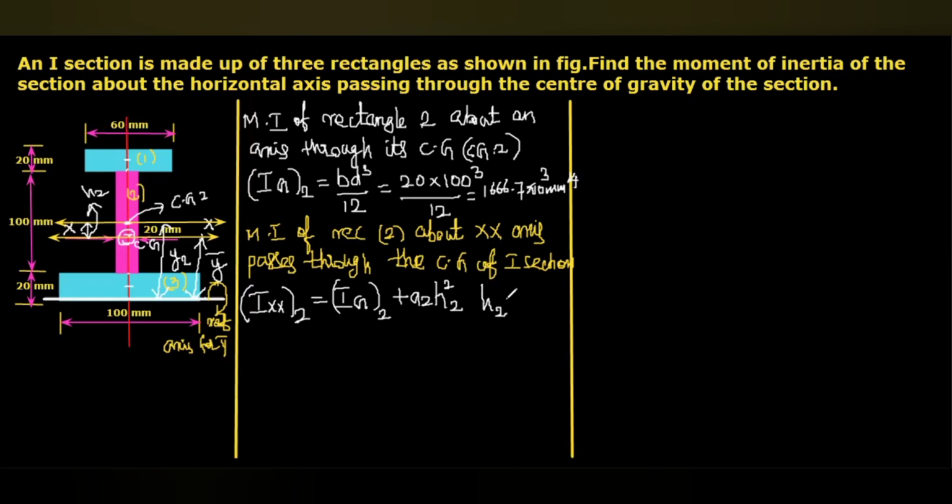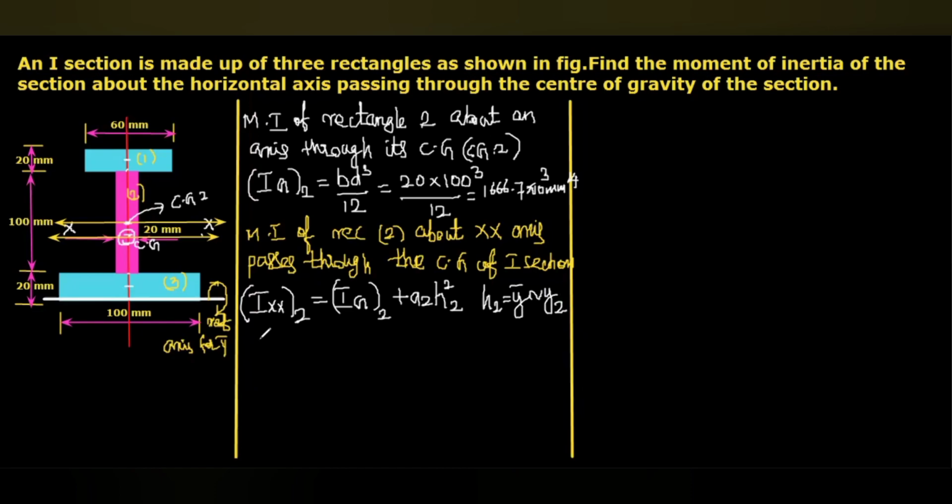So H2 is Y bar minus Y2. To avoid the confusion, I just erase these lines, whatever we did in the diagram, otherwise it will make us confused. So here H2 will be Y bar minus Y2.